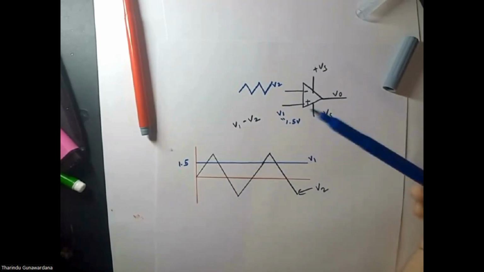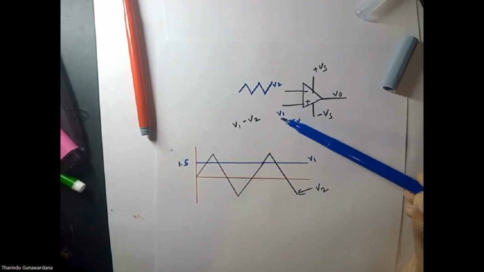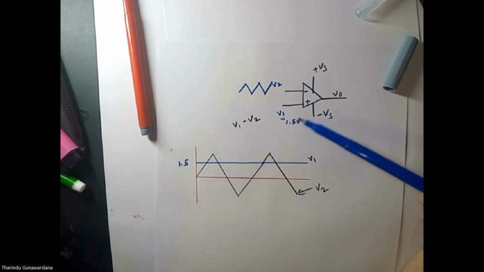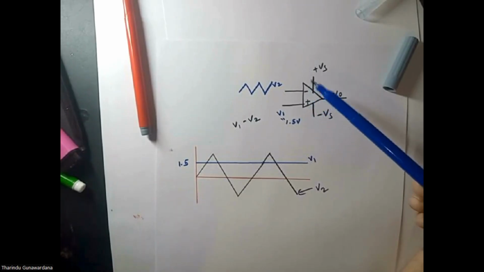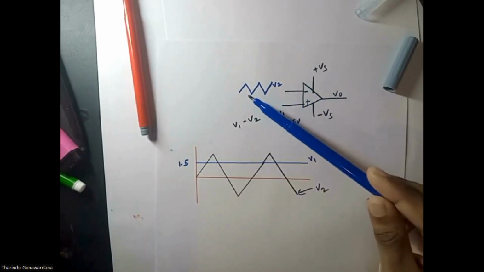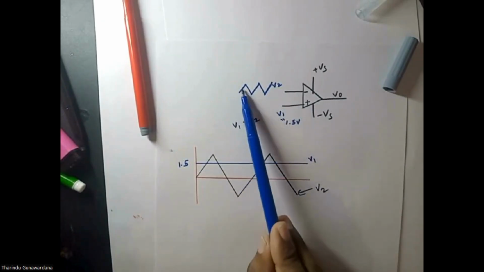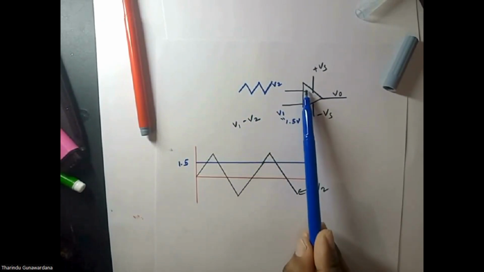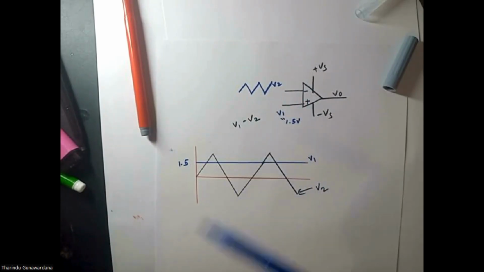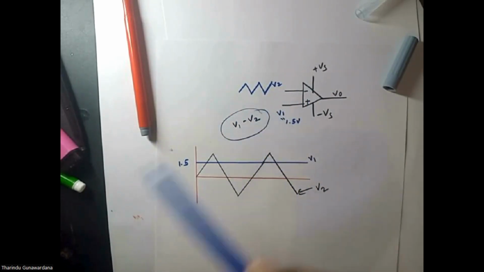Continue. So you can see this is V1. V1 is a constant, 1.5. This signal is fed into the non-inverting input. This is the inverting input. This triangular shape alternating signal is provided to the inverting input. Then let's find out V1 minus V2, the differential input.